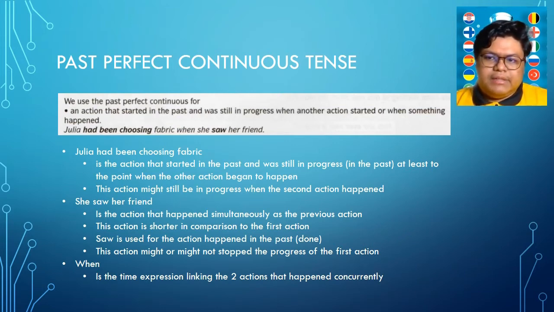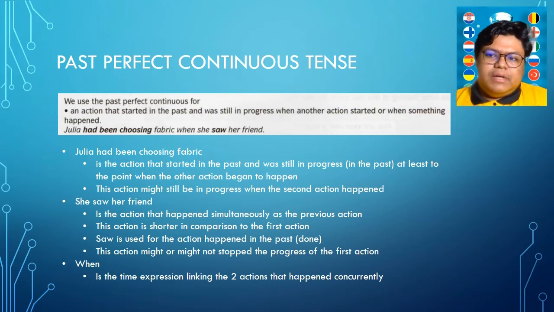That's the second part of the sentence, the action that happens simultaneously as the previous action. Dia berlaku serentak, tapi yang tadi tu dia start lagi awal, dia tengah bergerak tu, tengah-tengah dia action yang kedua berlaku. This action is shorter in comparison to the first action. Okay, of course lah, sebab dia berlaku kemudian kan, dekat tengah-tengah kan.